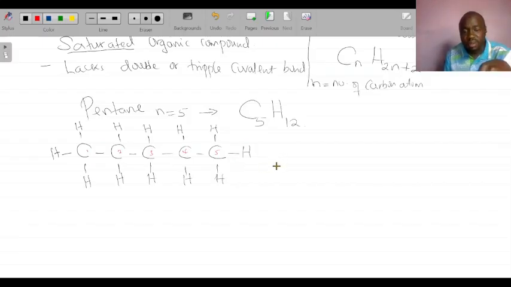Remember, when you're naming, we have to establish the longest continuous chain because that becomes the parent name. In our case, there are 5 carbon atoms, meaning our parent name becomes pentane. So we shall call the compound pentane, and that is our first isomer.